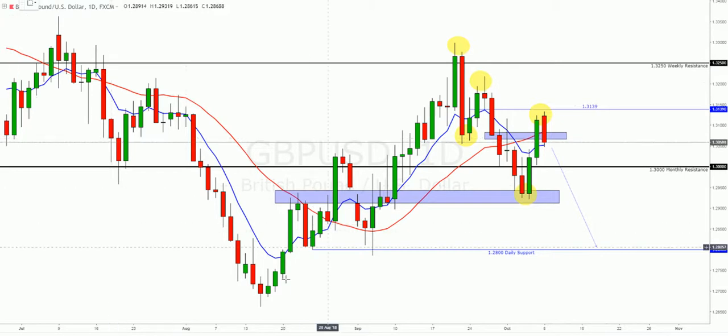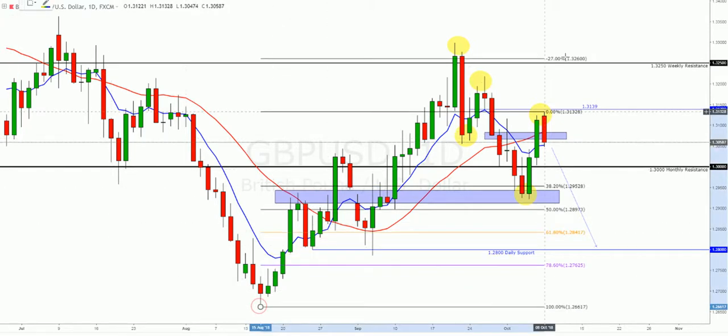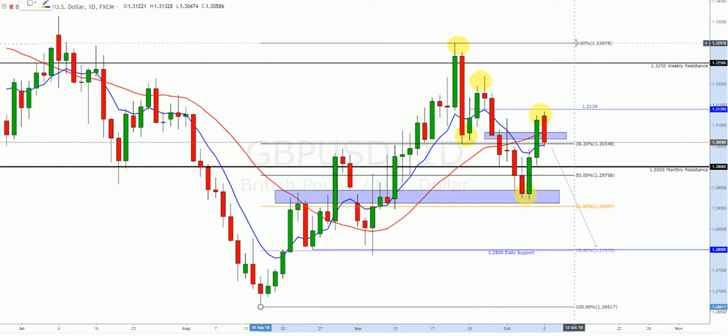Now, in terms of Fibonacci, again hit that low to this high. See price did come back down right towards that 61.8, and now could be heading higher.